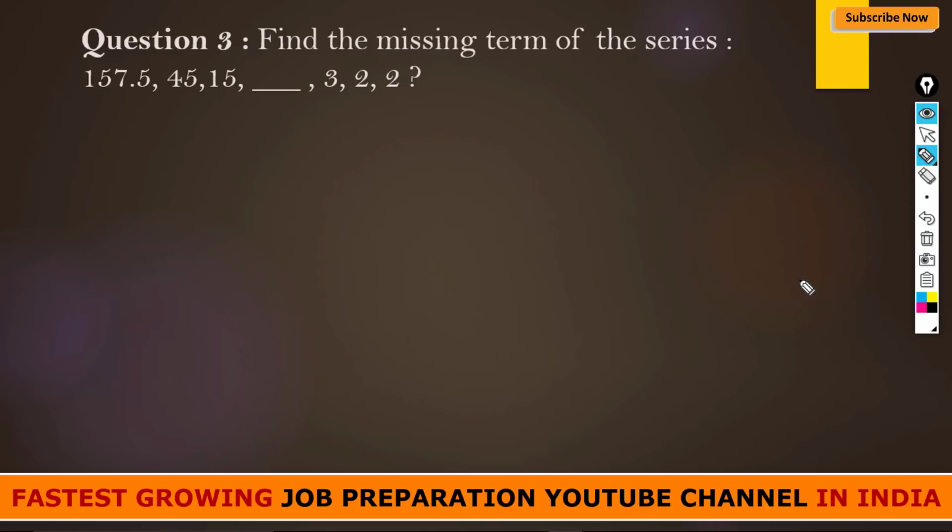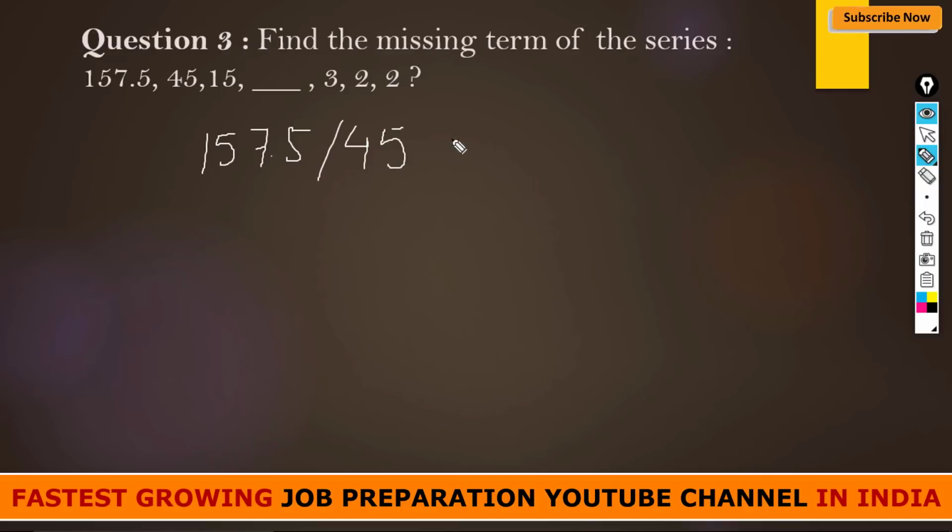It is decreasing. When a number is decreasing, either you should subtract or you should divide. Now you can see here that the interval is big. When the numbers are increasing, you multiply, and if the numbers are decreasing, then of course you should divide. The first approach should be to divide the first number by the second, that is 157.5 divided by 45.